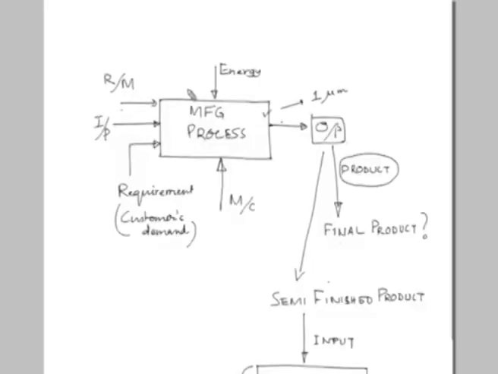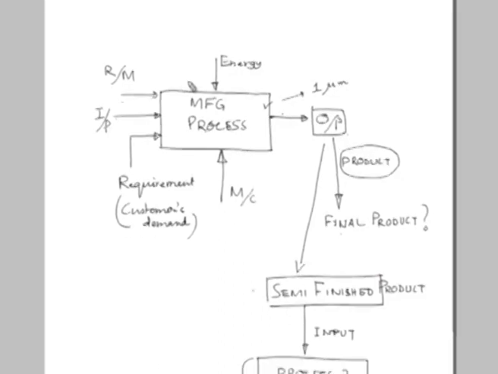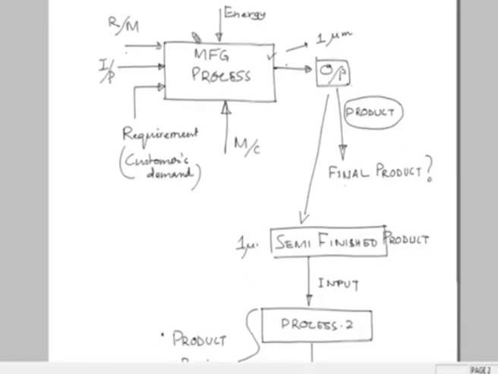Then I cannot give the same product to the customer saying that this is the capability of my machine. Rather, I shall have to take that product, which I will call at this stage a semi-finished product, having 1 micrometer Ra.